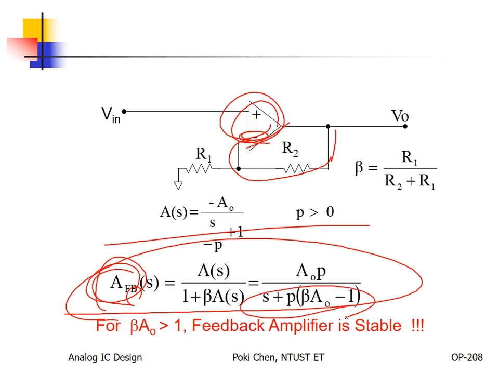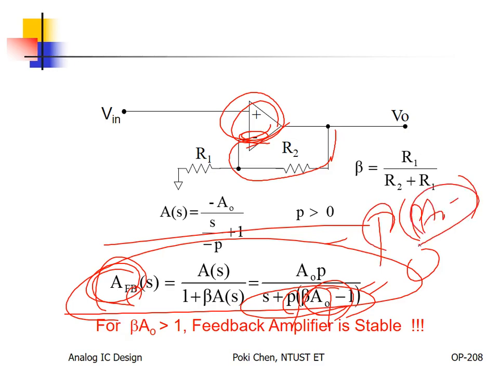What does it mean? Again, where is the pole for the overall circuit? We again set it to 0. If beta A0 is larger than 1, this is positive, that is positive. Congratulations! The final result is minus p blah blah blah, beta A0. Positive, minus. Congratulations. The pole of the overall circuit actually is in the left half plane.